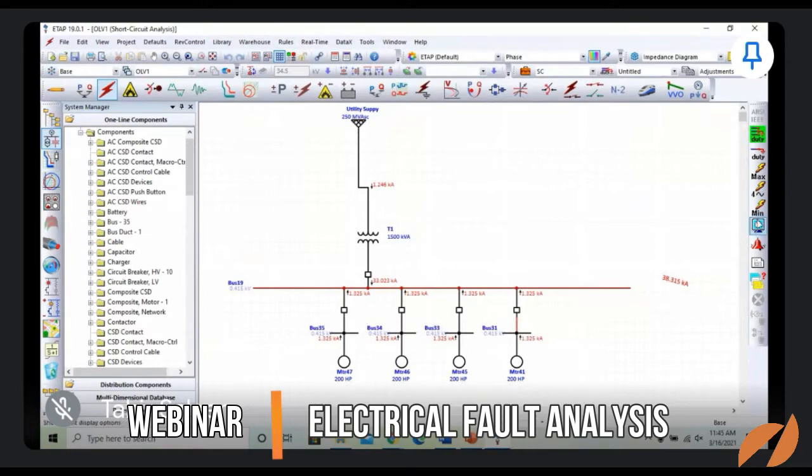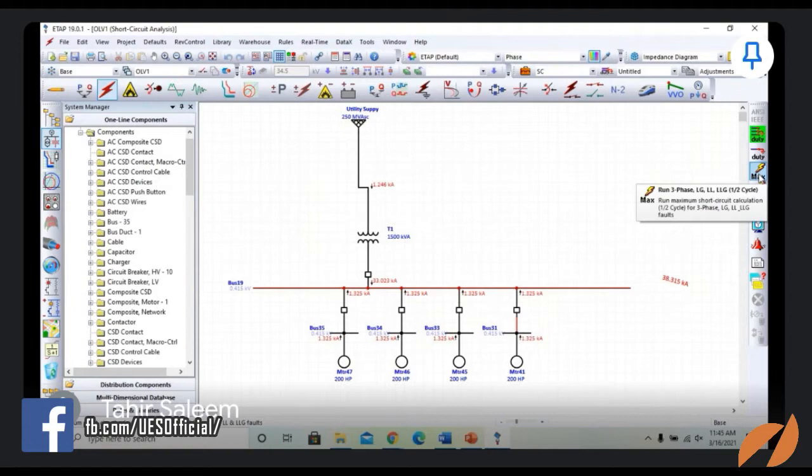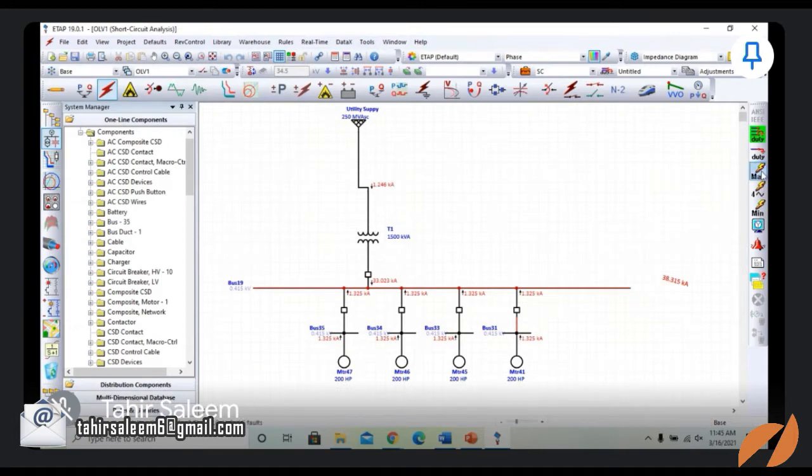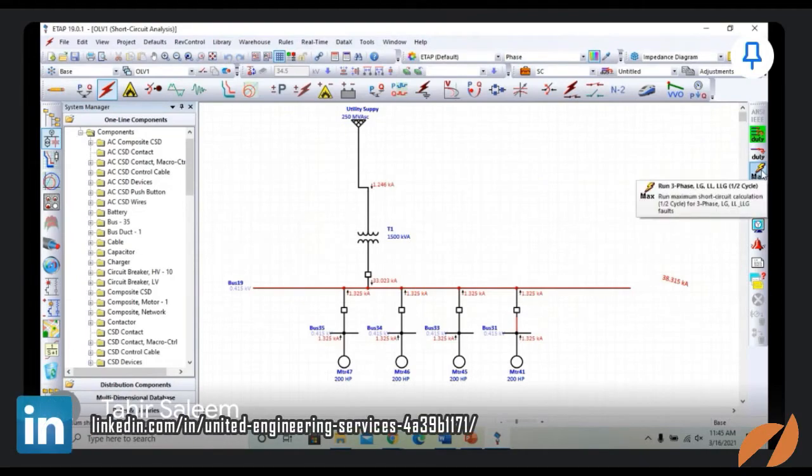Now here in ETAP we have different options. If you want to see the maximum short circuit current, you can come over to your right side and see Run 3-Phase, Line-to-Ground, Double Line-to-Ground. In the bracket there is a term used, 1/2, and that is half cycle.